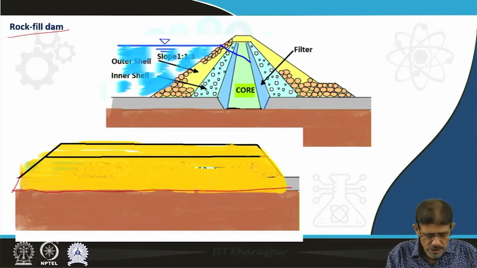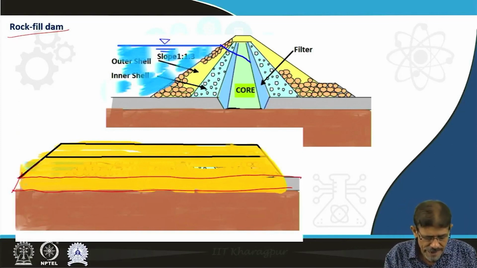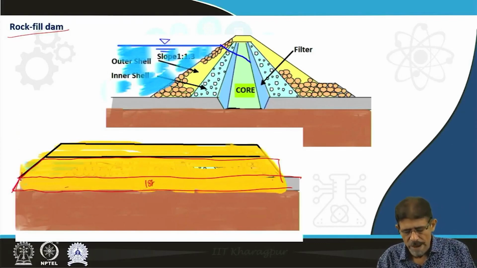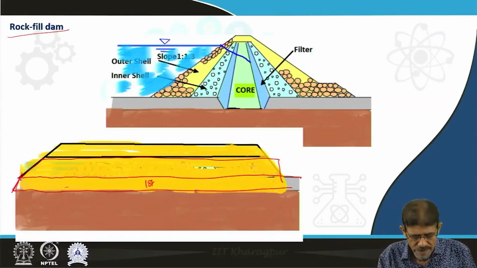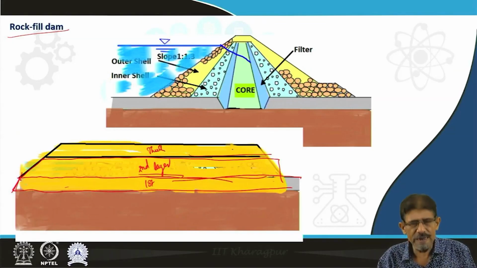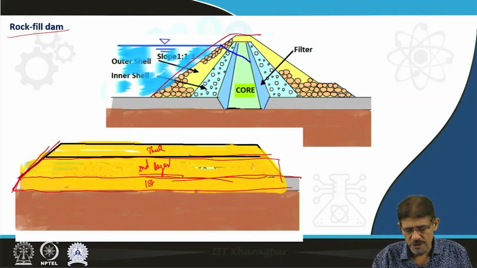We place one layer of material, compact it, then place a second layer, then a third layer. After each layer there is compaction. In this way we make a trapezoidal type of structure.